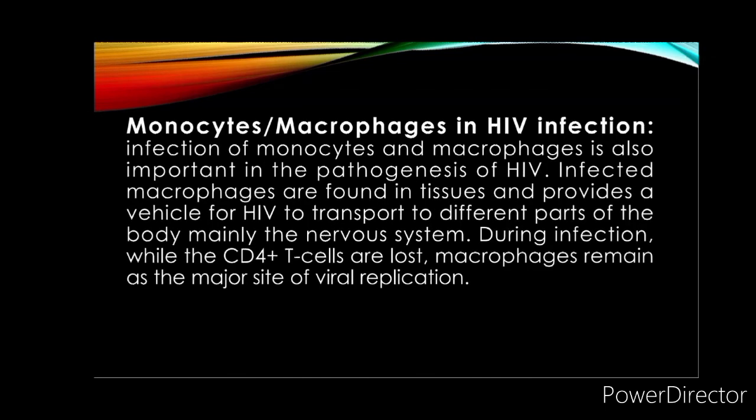The monocytes and macrophages in HIV infection: the infection of monocytes and macrophages is also important in the pathogenesis of HIV. The infected macrophages are found in tissues and provide a vehicle for HIV to be transported to different parts of the body, mainly the nervous system. During the infection, while the CD4 T cells are lost, the macrophages remain the major site of viral replication.